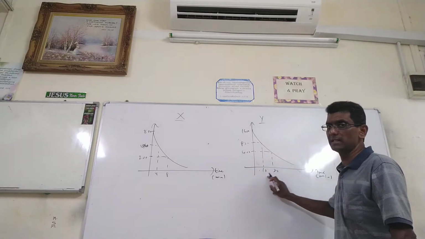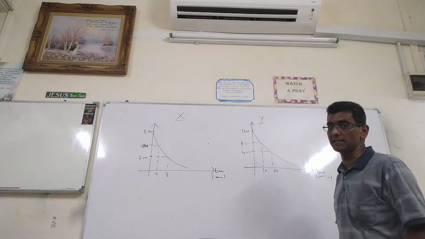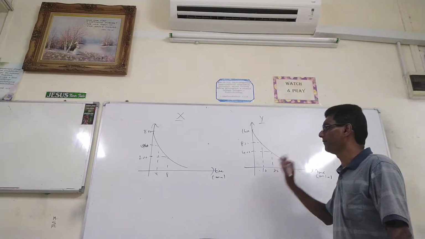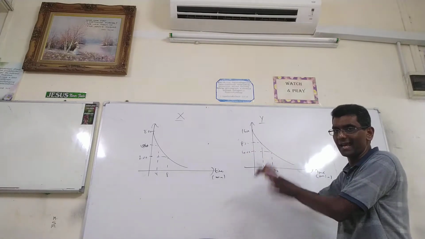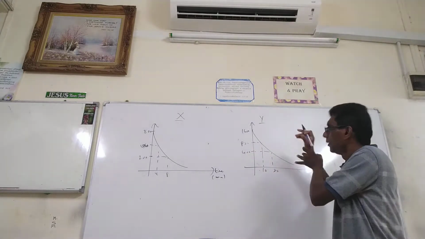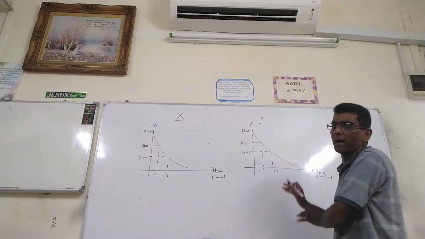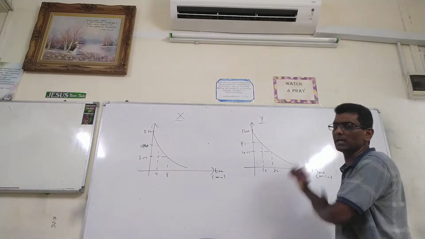So the interval time is 10 minutes. So X becomes half every 4 minutes, and Y becomes half every 10 minutes.